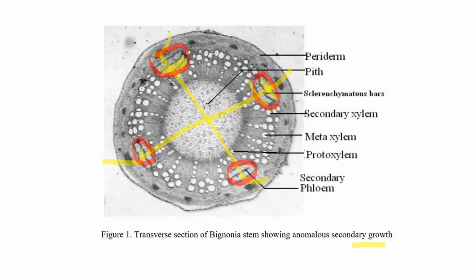The cambium breaks off into a number of strips, the widest ones occurring opposite to the 4 projecting ridges of wood and narrow ones at the base of the grooves. Cambium is not found on the radial surface. So finally, these 4 phloem pockets are formed. So this is the structure of anomalous secondary growth seen in the case of Bignonia stem.